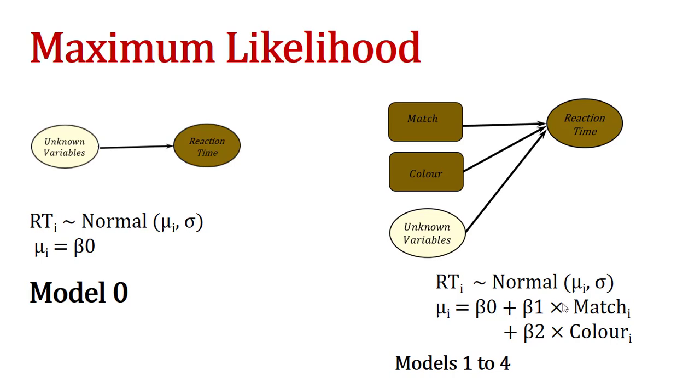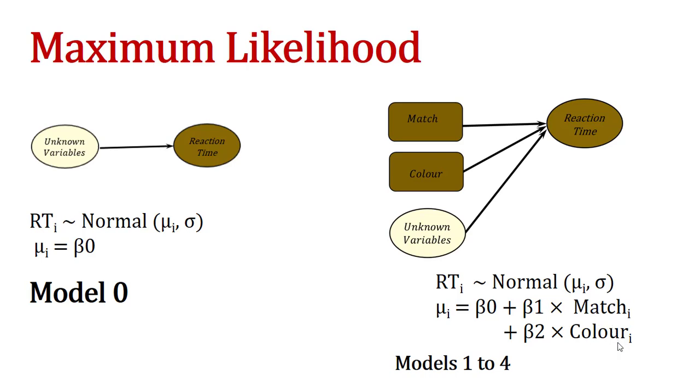So basically we have an effect of match, an effect of color, but we will have to add, if beta 3 is different than 0, how much more we predict in the condition in which color is 1, that is the value is color, and match is 1, that is there is match.